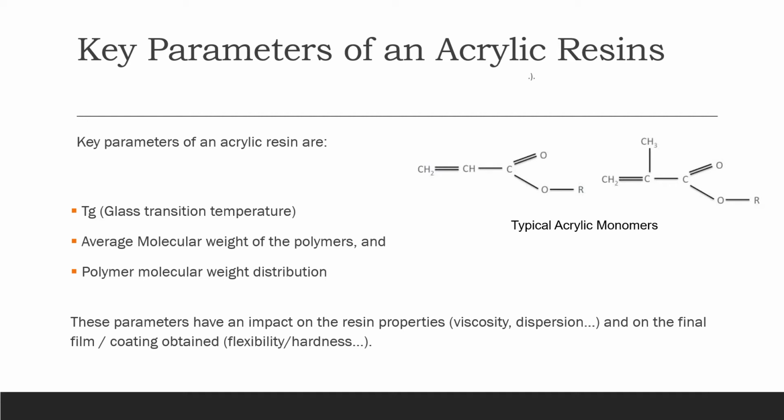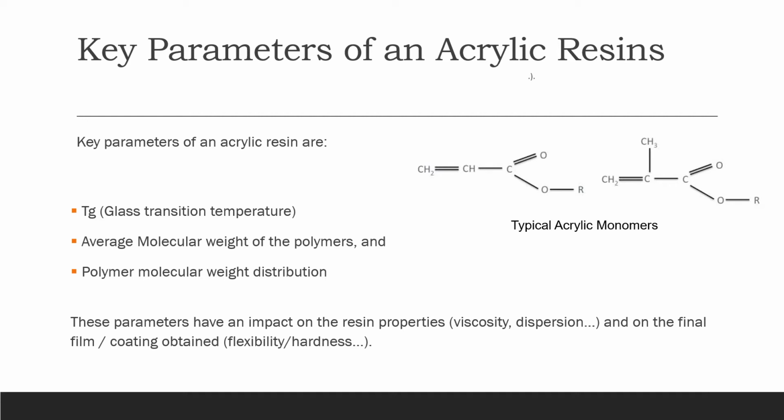So here are some key parameters of acrylic reagents. First one is Tg, the glass transition temperature, which we'll cover in detail in the next topic. Then the average molecular weight of the polymers, then the polymer molecular weight distribution. These three parameters can impact the resin properties.